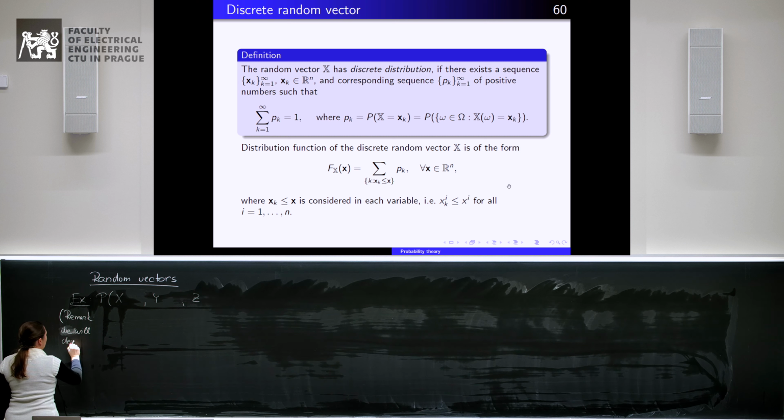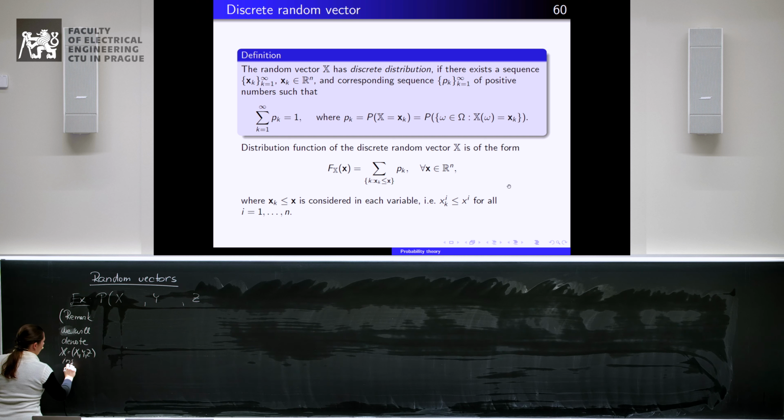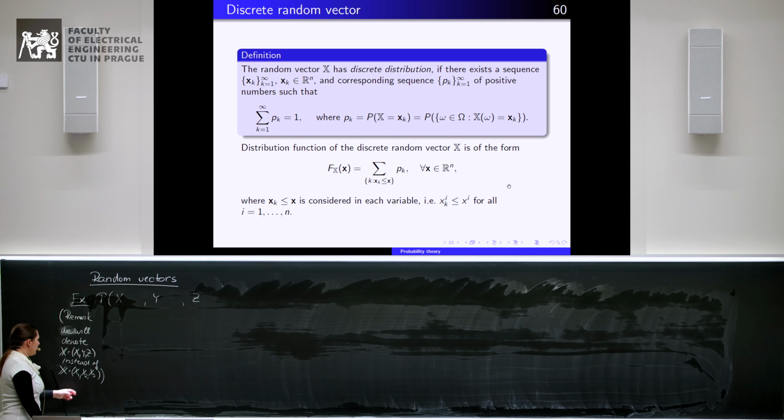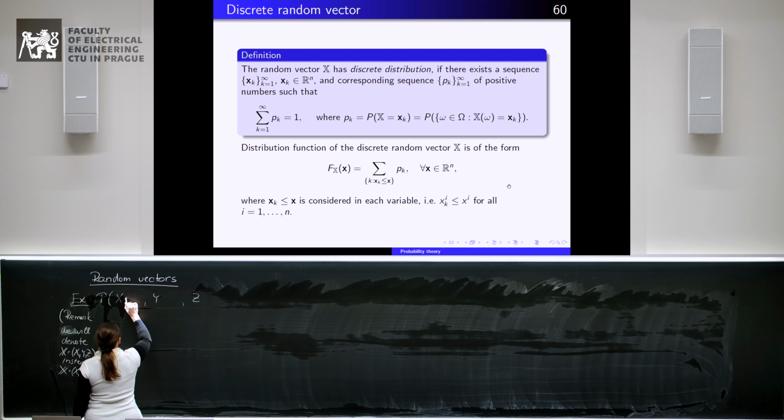We will denote the random vector (X, Y, Z) instead of X1, X2, X3, because it can be a little bit confusing with the indices, so I will use the variables without these indices.